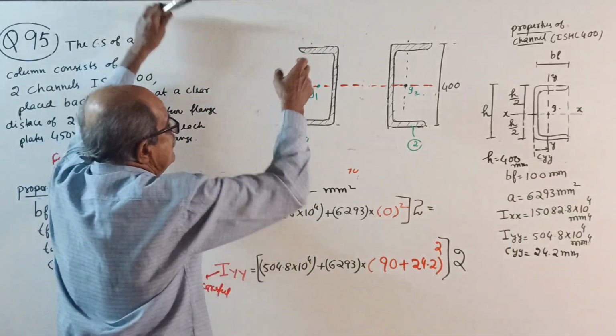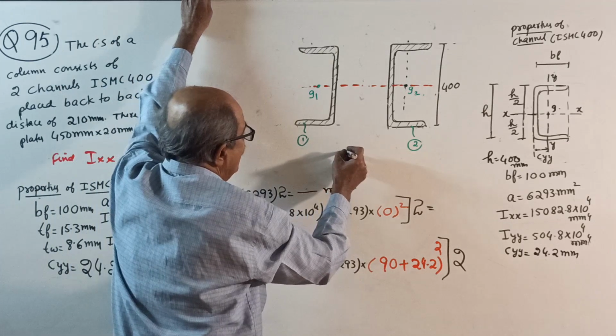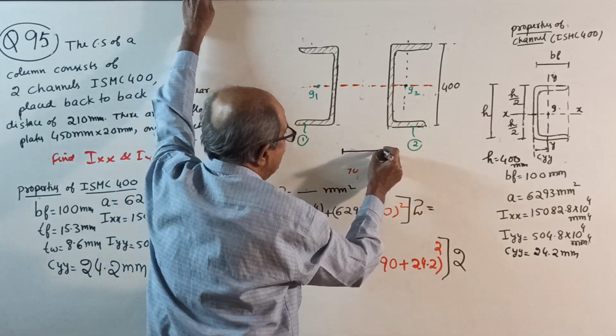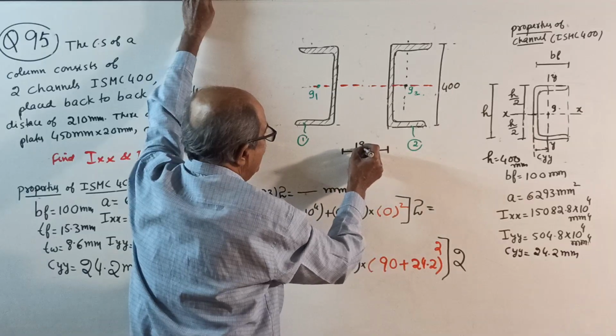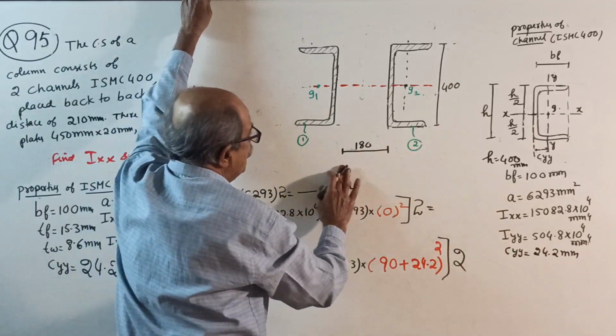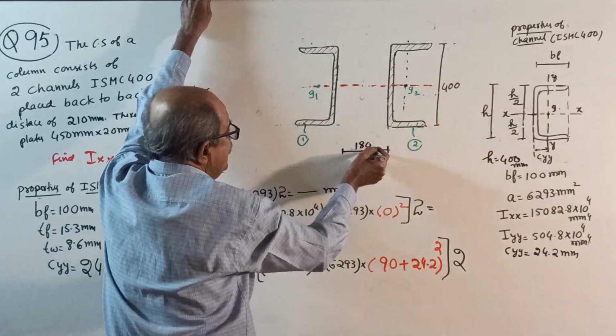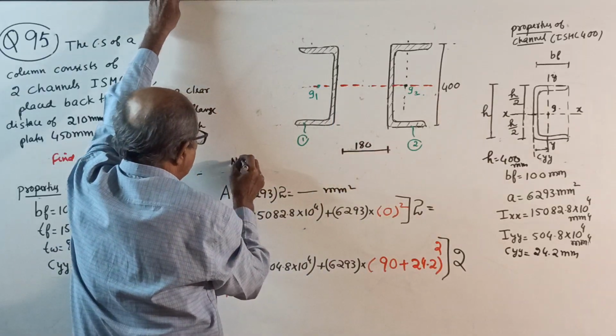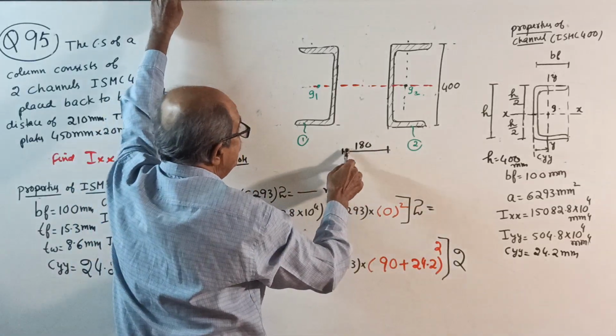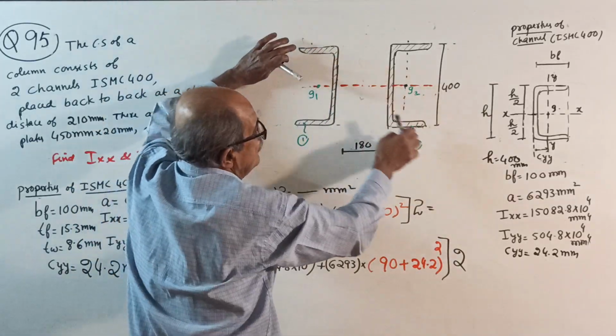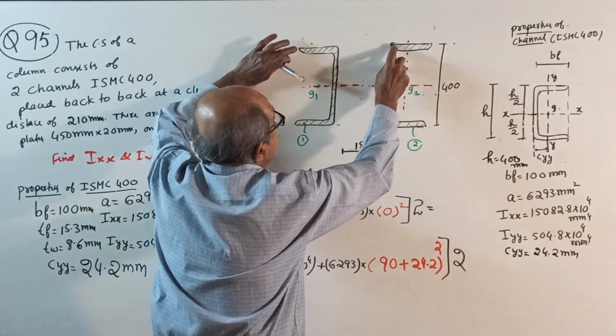See here, this gap is 180 millimeter. Make a note if you want. This is 180 plus this width 100, this width also 100.